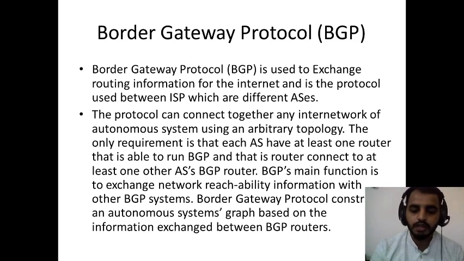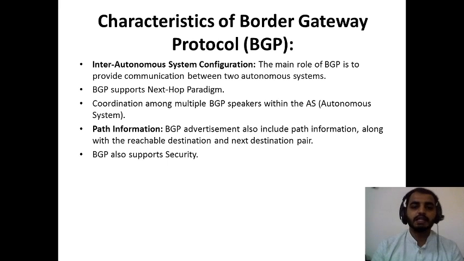Let us move further. What are the characteristics of Border Gateway Protocol, or BGP? The first one is inter-autonomous system configuration. The main role of BGP is to provide communication between two autonomous systems.